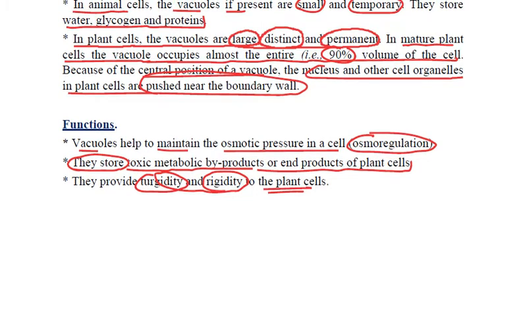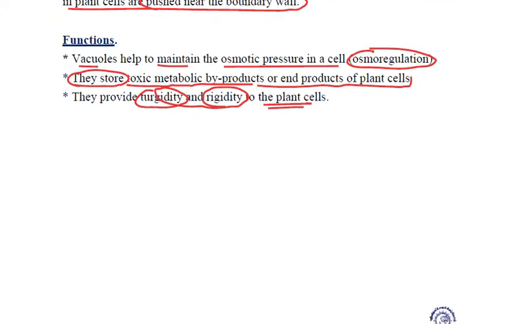So what are all these cell organelles? Let us try to once again revise and brush up. The very first cell organelle we studied was endoplasmic reticulum. And this endoplasmic reticulum, we saw that was further divided into rough endoplasmic reticulum and smooth endoplasmic reticulum. Rough endoplasmic reticulum, ribosomes attached to it and helps in protein synthesis.